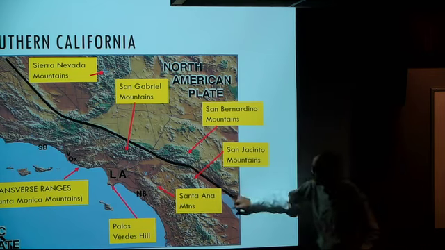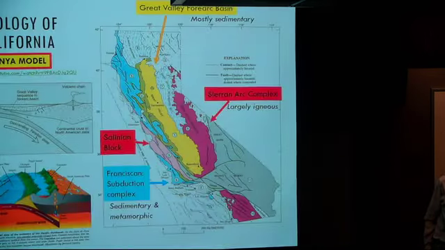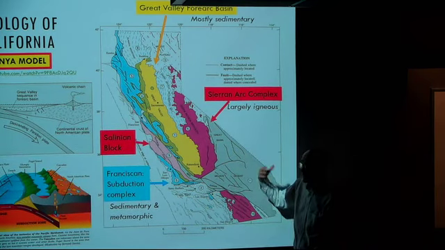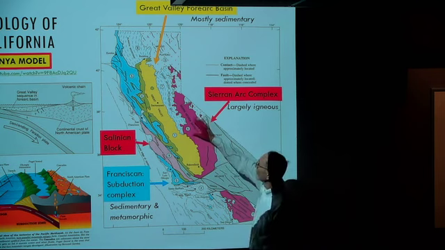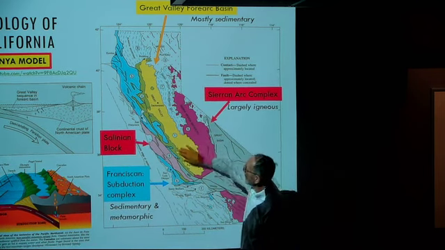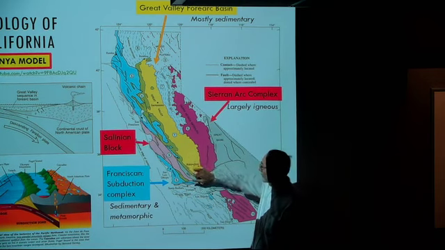And of course, this is the big San Andreas Fault here. Okay, so we stated that in California, there's basically 3 gross belts of rocks. There's this batholith belt. There's this big basinal extent that's active today as the Great Valley of California.